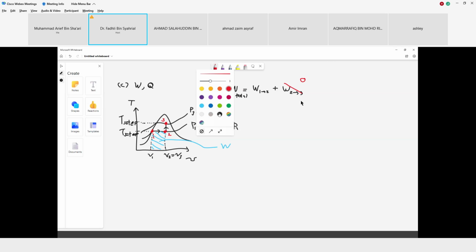Okay. Now let's continue for this one, integration 1 to 2. Know that this process is isothermal process. Right.